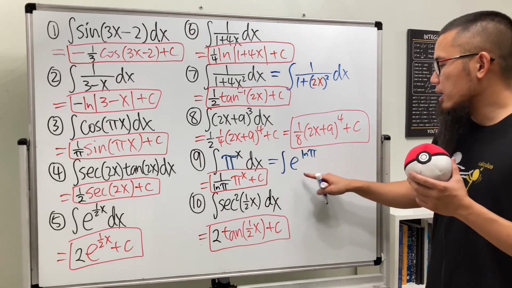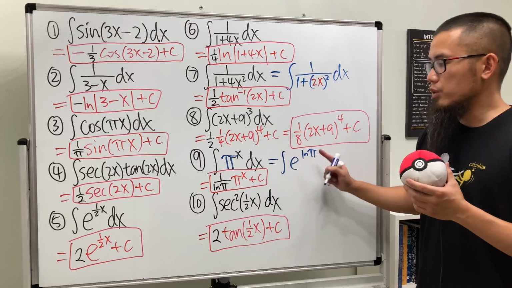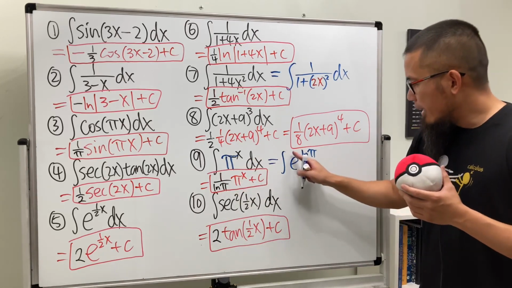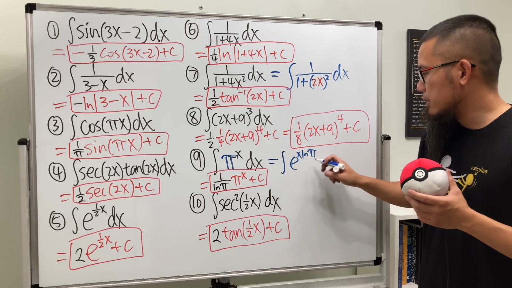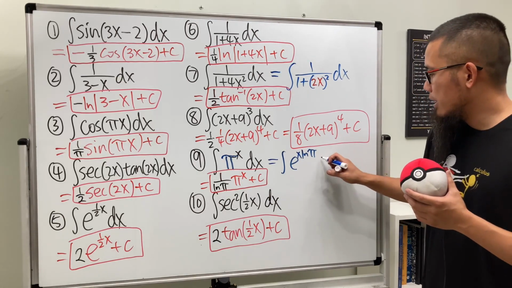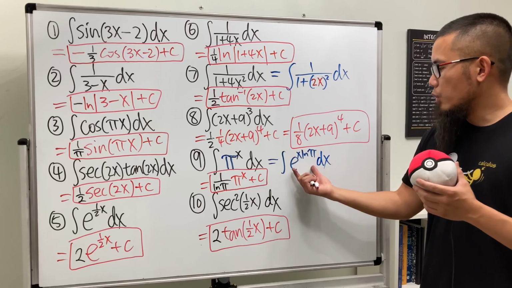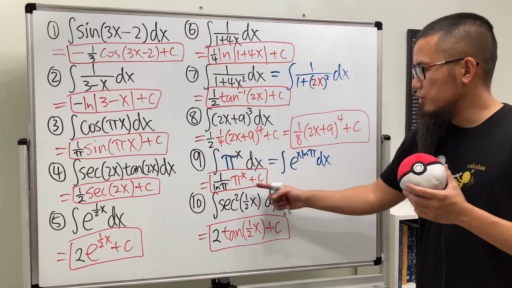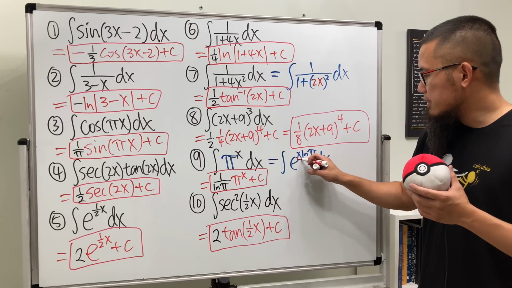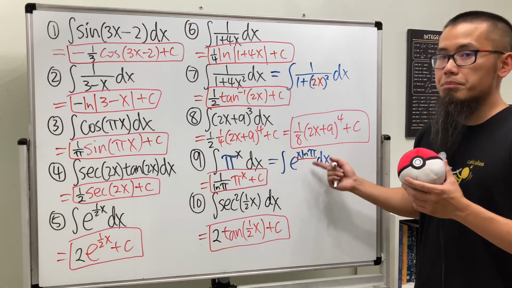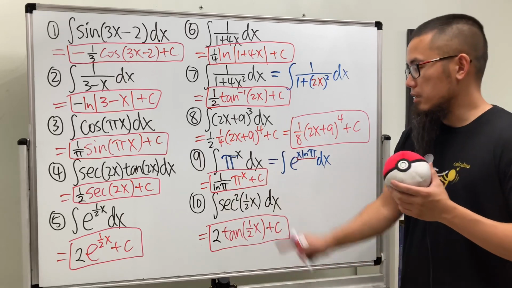And this is okay because e and ln cancel, we just still have the pi. And then we raise this to the x power, so we can just multiply this by x, like that, and the dx. So when we integrate this, it repeats, which is still pi to the x power, but the derivative of x times ln pi is ln pi, so we have to divide it by that, just like what we did over there.